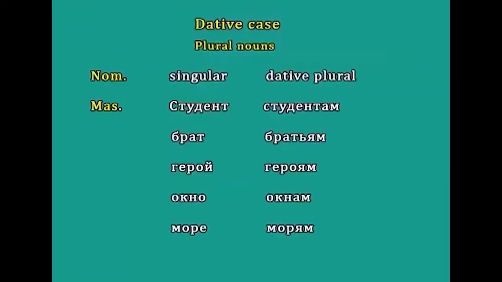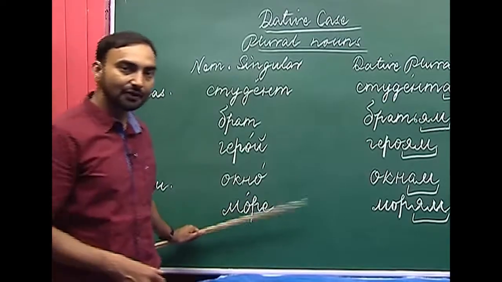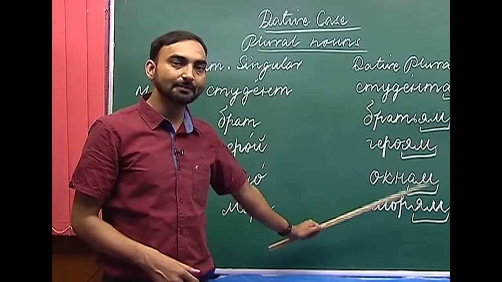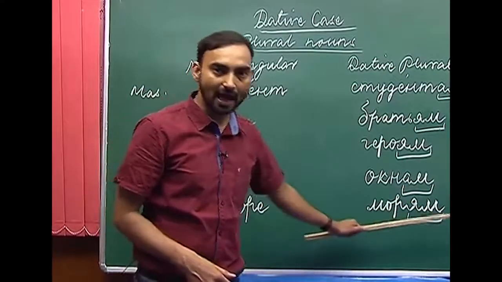Akno, we add am to get its dative case plural form. The next one we have is more. More ends with a soft vowel ye. How do we use more in the dative case in plural form? We use yam, more, moryam.